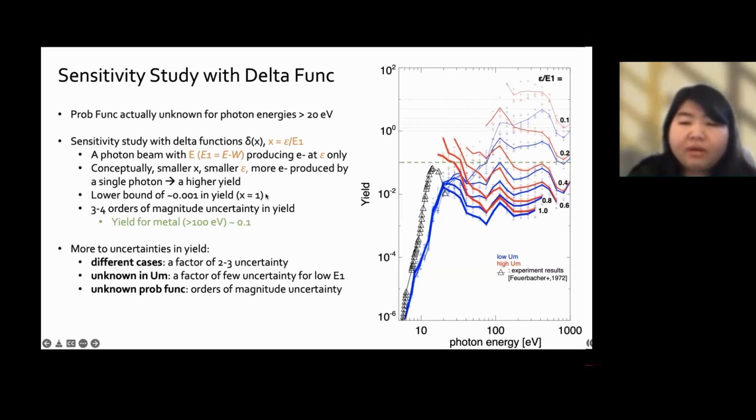So we can determine a lower bound in yield of 10 to the minus 3, but it does show a scatter over 3 to 4 orders of magnitude in yield. In the literature, the yield determined for metals is 0.1. If we use that as a constraint, we can lower this uncertainty to 2 orders of magnitude, but there is still a big uncertainty there.